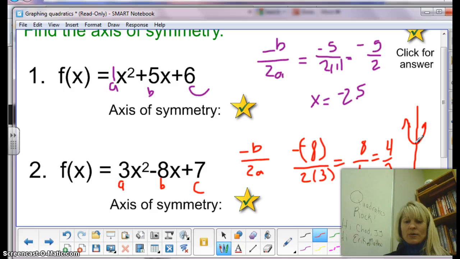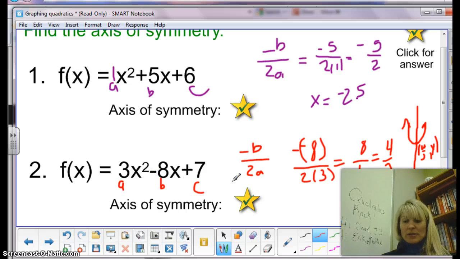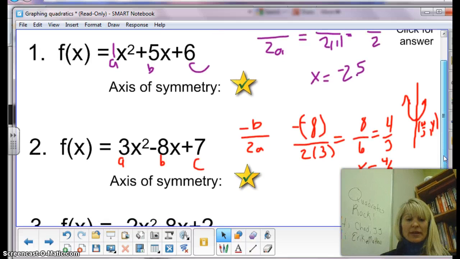So I know that the x has to be 4/3. And then I would just have to find my y, and that would give me the vertex of this equation. Or we could also call it the minimum value. So in order to do that, if I have my x, I've got to find my y, and very simply the way to do that would be just to plug it in.